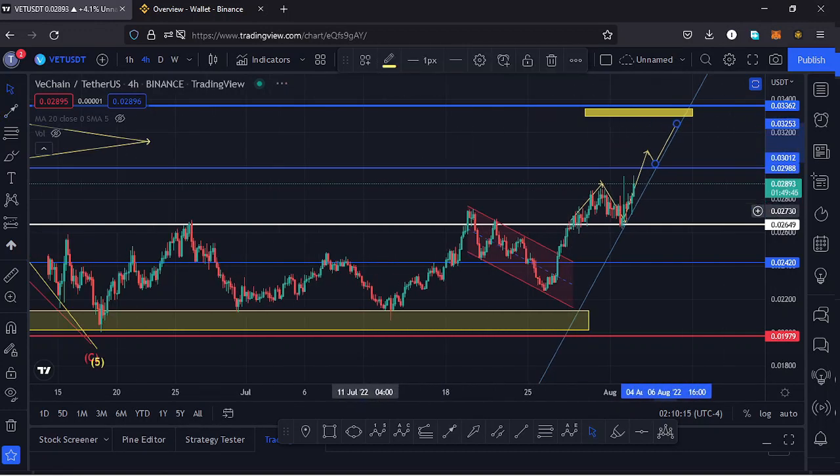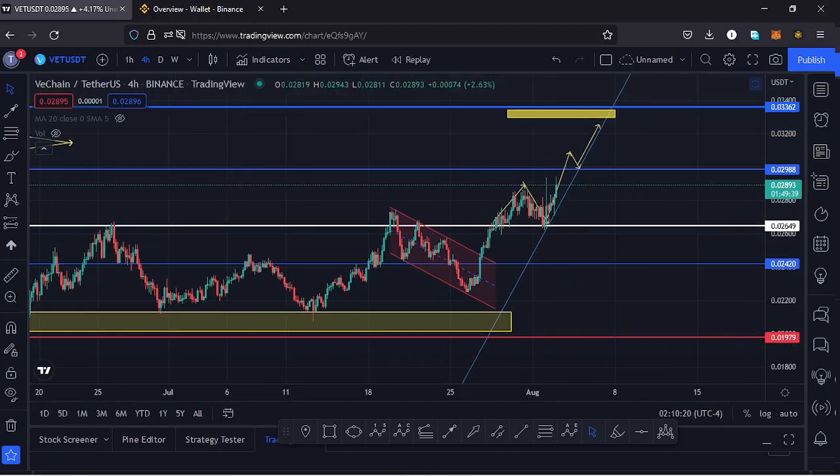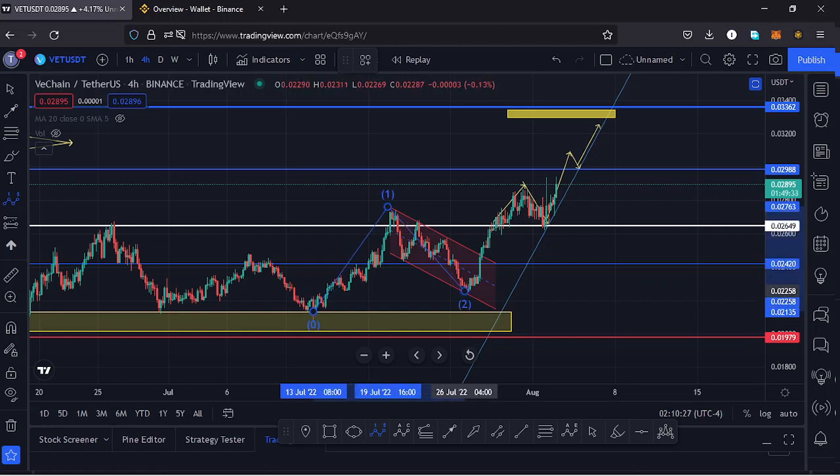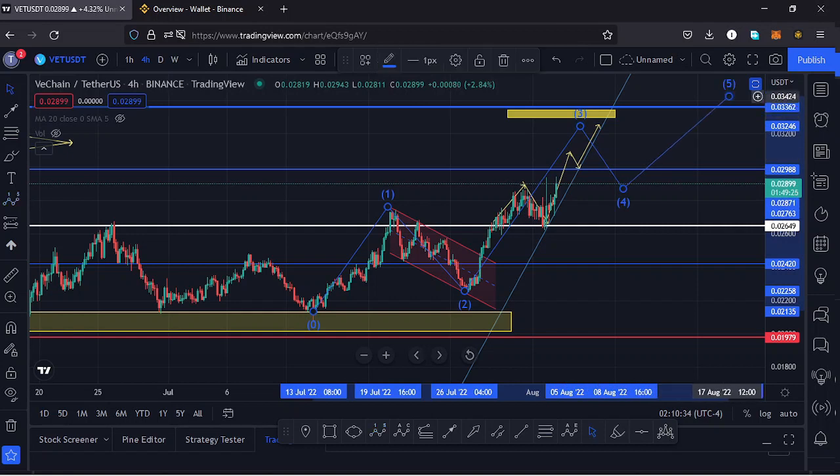Also, in this movement right here, we can term this as an Elliot wave count, having this movement right here as our wave 1, then a wave 2, and what is forming at the moment might be a wave 3, and then soon we might see a wave 4 and then a wave 5.